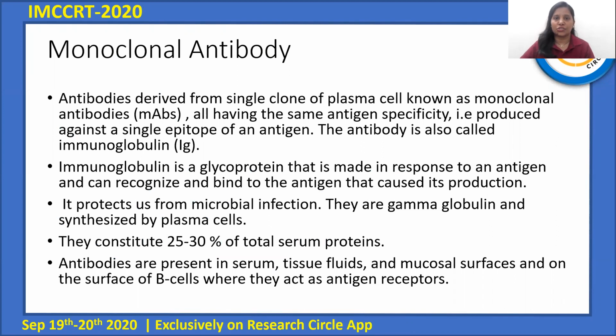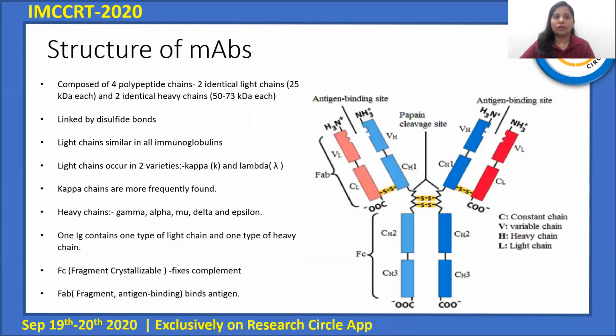Now coming to the structure of monoclonal antibodies, they are composed of 4 polypeptide chains, 2 identical light chains and 2 identical heavy chains, linked by disulfide bonds. Light chains are similar in all immunoglobulins. Light chains occur in 2 varieties, kappa and lambda.